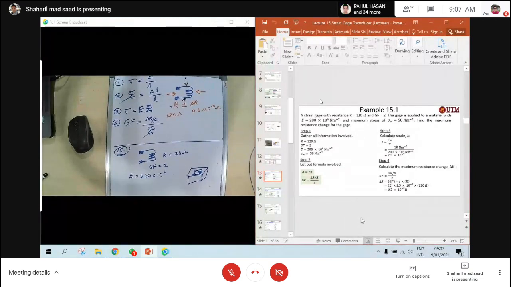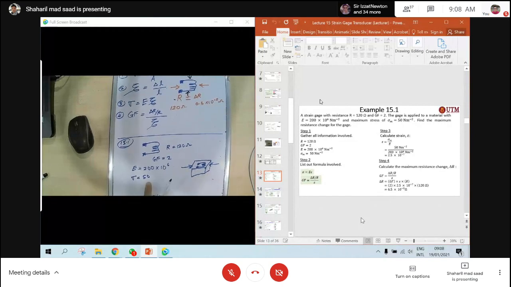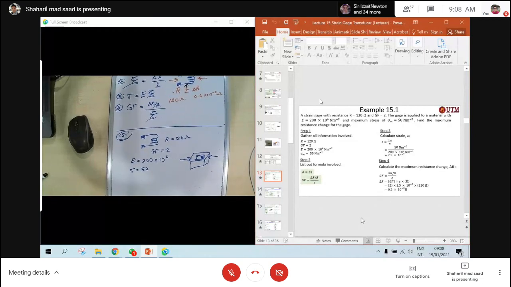And the maximum stress equal to 50 Newton per meter, maybe you apply the compression here. Find the maximum resistance change for the gauge. Maximum resistance change means delta R. So he asks you to find the delta R here.